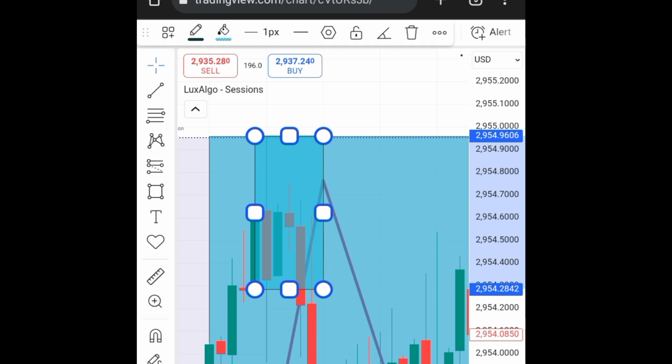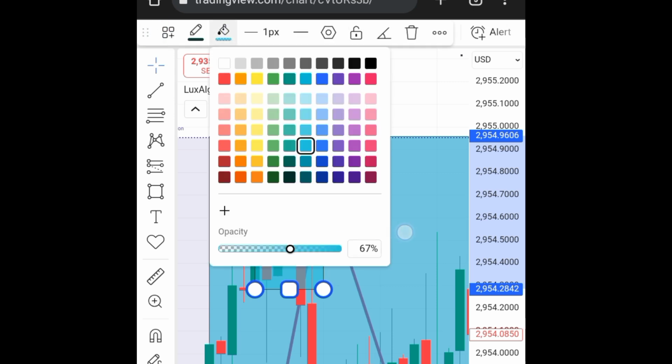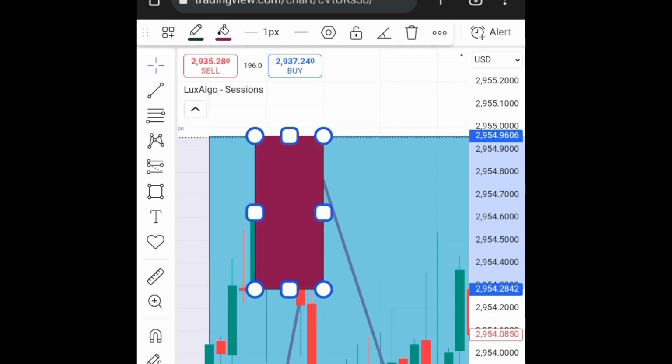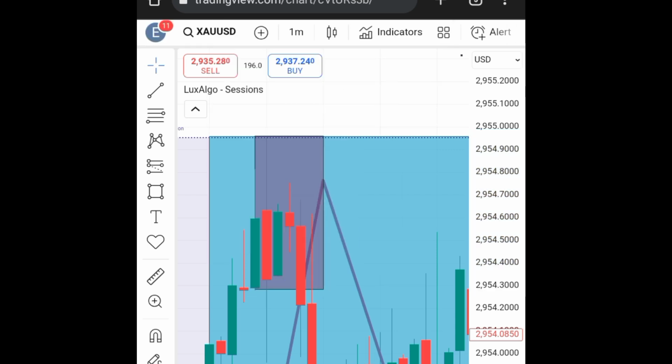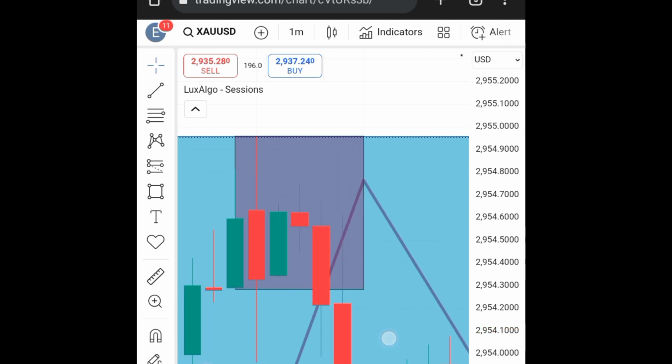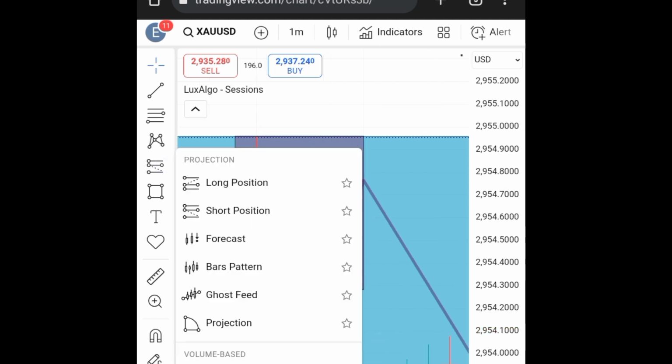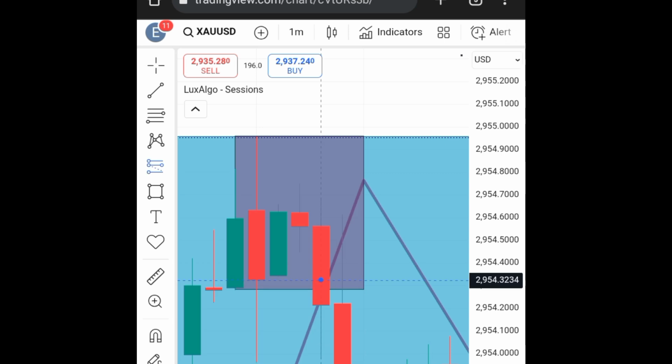Yes, it's that very one here. That is the 1 minute OB inside the 5 minute OB. So that is the candle right there. That is where you are going to place your trade.